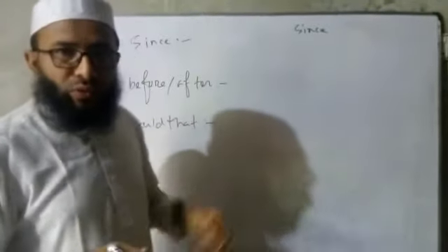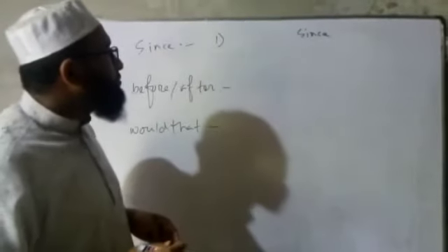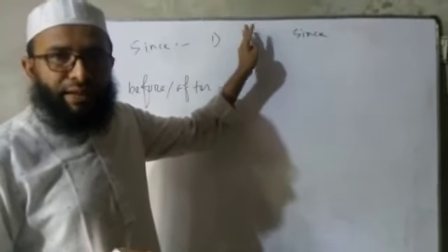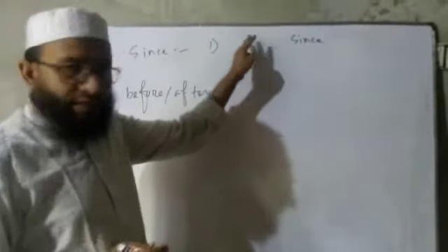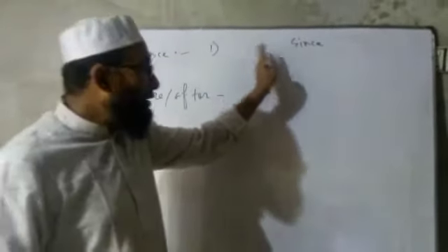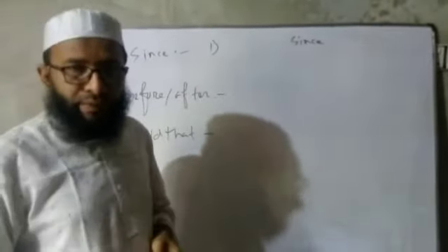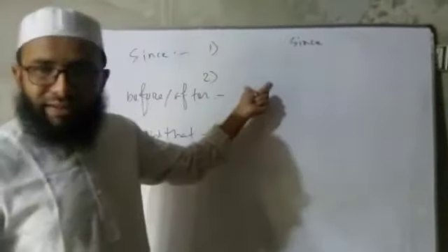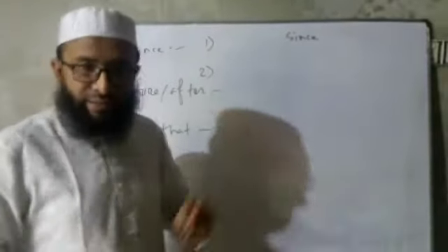Rule number one: if the verb before since is in present indefinite or present perfect, the next verb will be in past indefinite. Rule number two: if the verb before since is in past indefinite, then the next verb will be in past perfect. It will be very clear after giving examples.